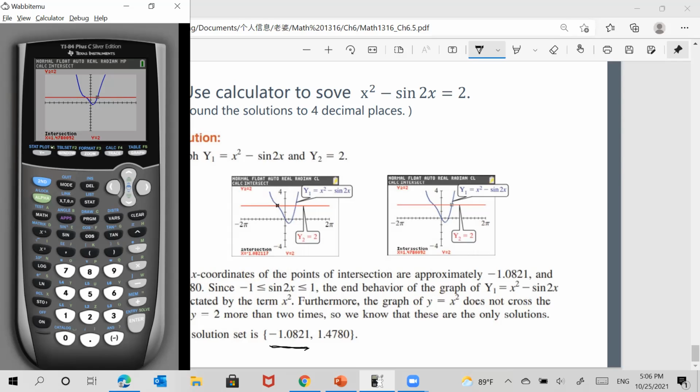So it will provide us an accurate intersect, which is 1.47800092 and rounded to 4 decimal places I got 1.4780. So that's the way you use a calculator to approximate your x, the angle x.